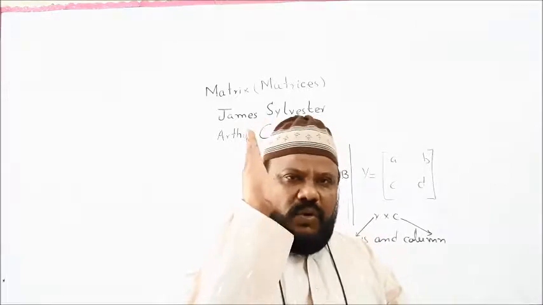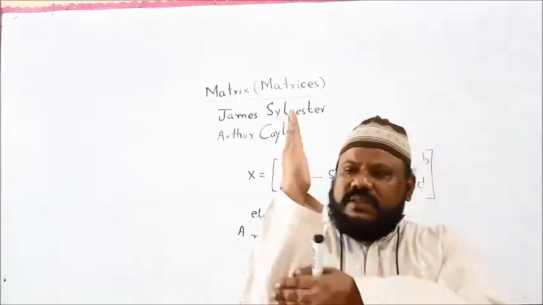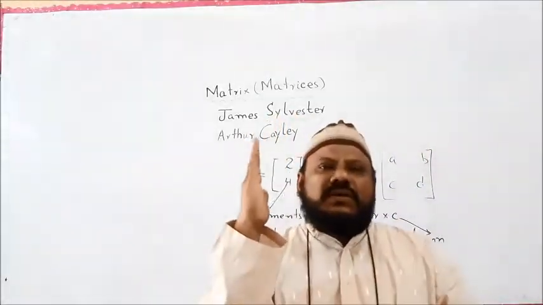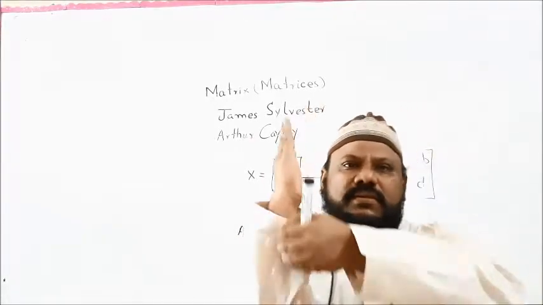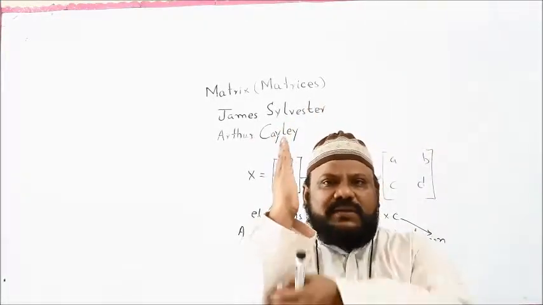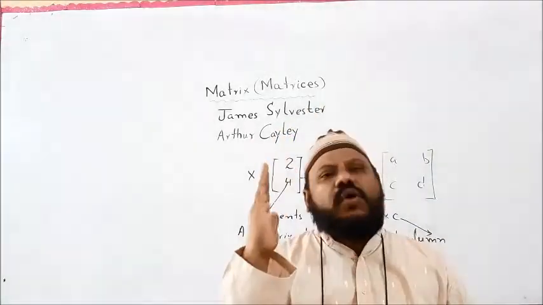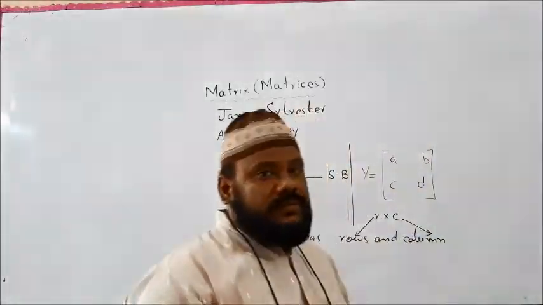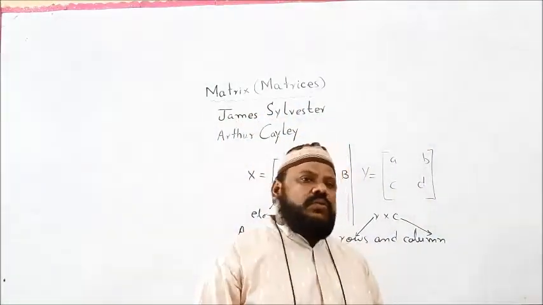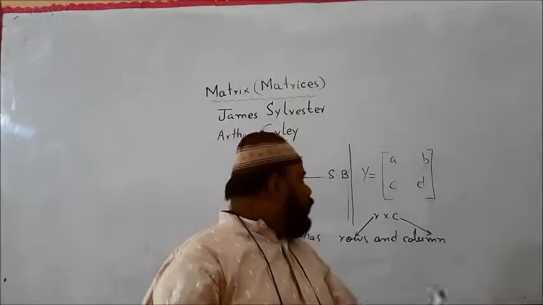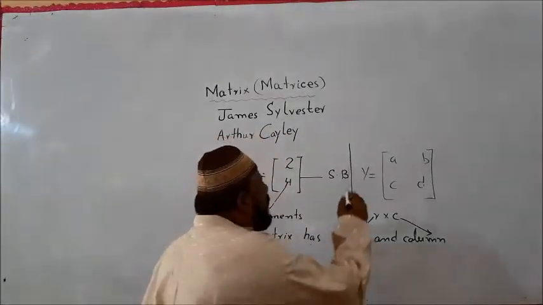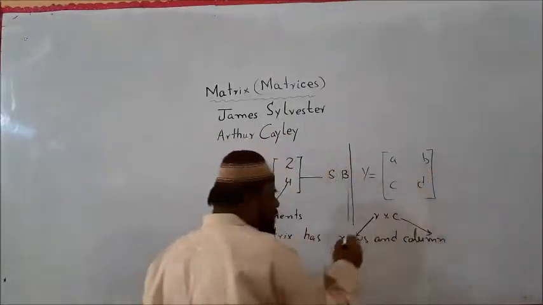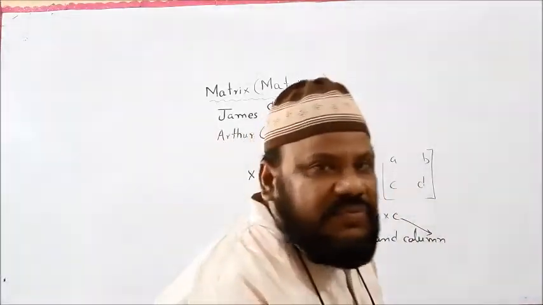And just like, look at my hand, student, this perpendicular line we say is a column. What is the column and what is the row? I teach you and explain.